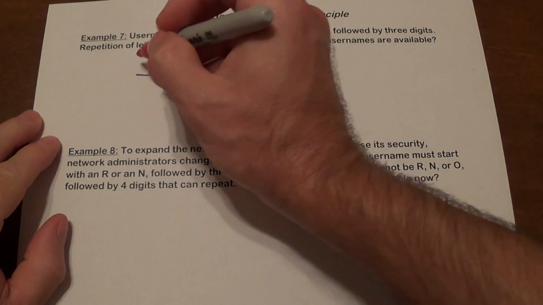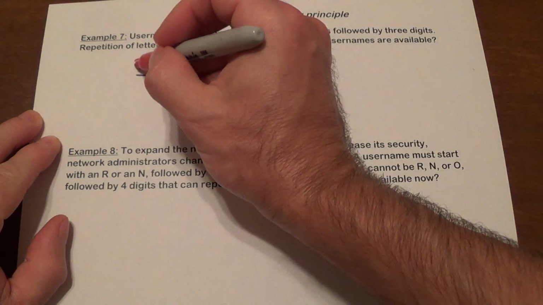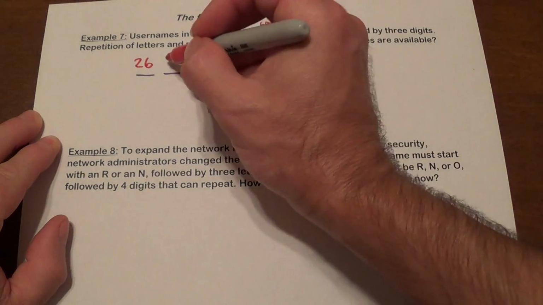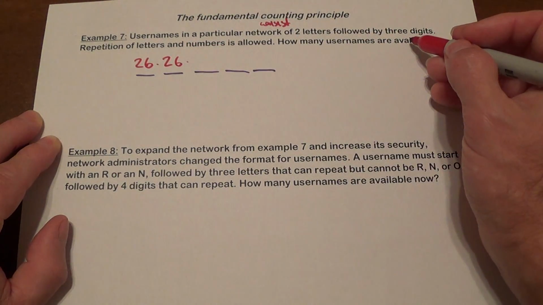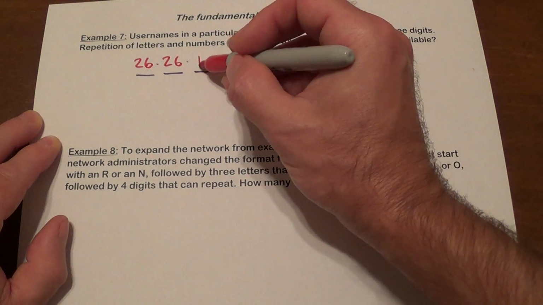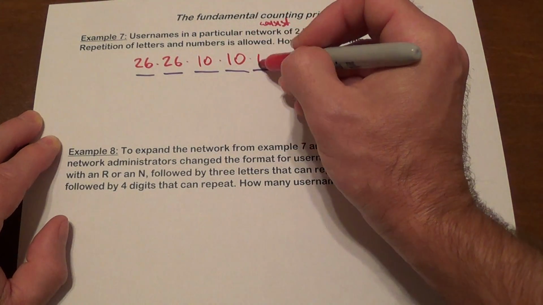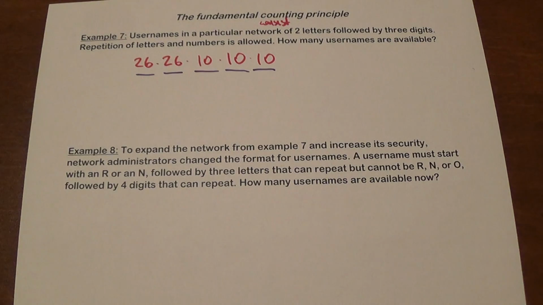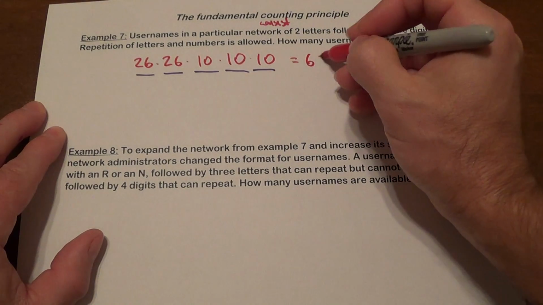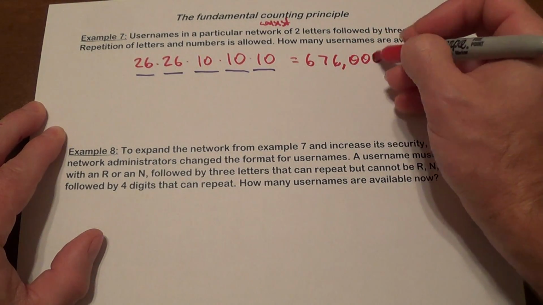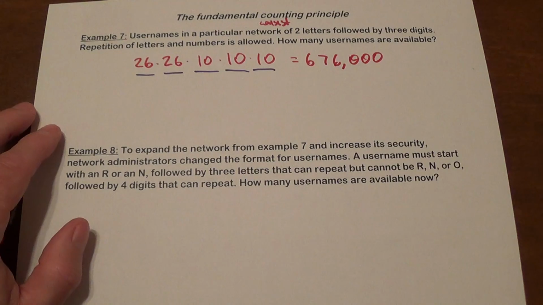Well, hold on, we'll start with letters. In the English alphabet there are 26 letters times 26 letters, and then followed by 3 digits that can be repeated. We already know it's 10 digits for each one. So all we need to do is multiply 26 by 26 by 10 by 10 by 10, and that's going to give us 676,000 usernames.